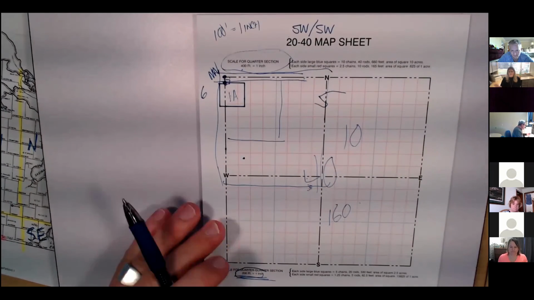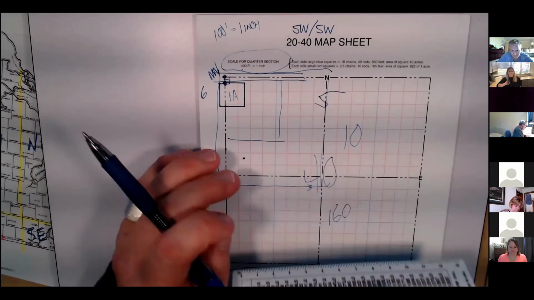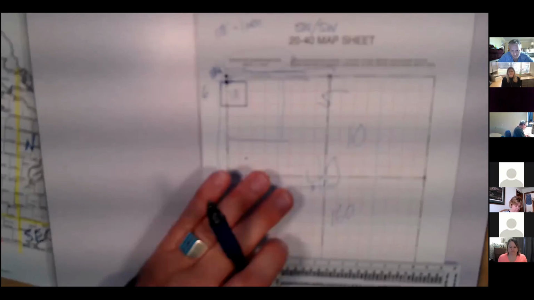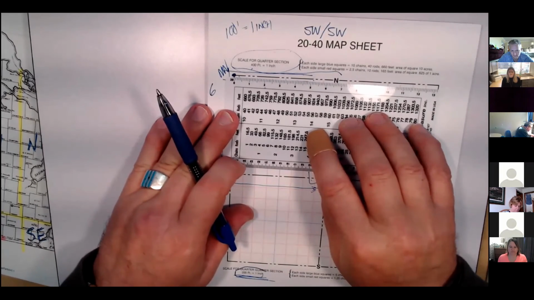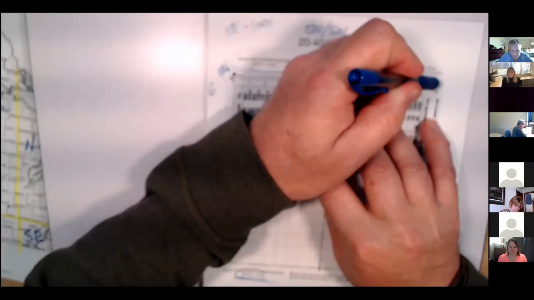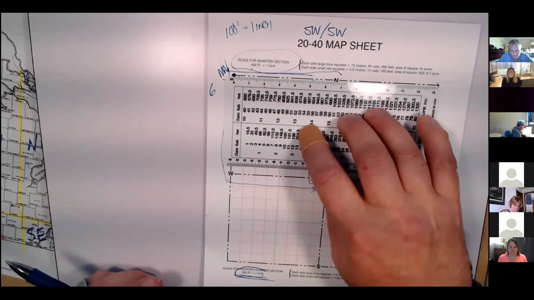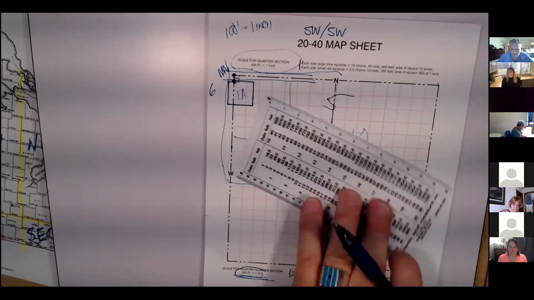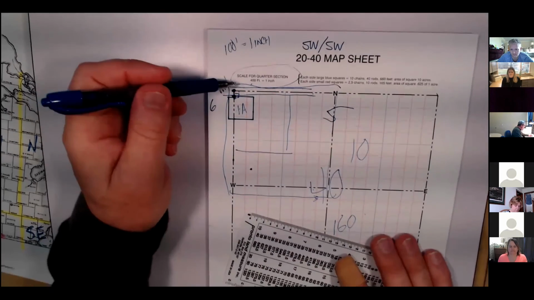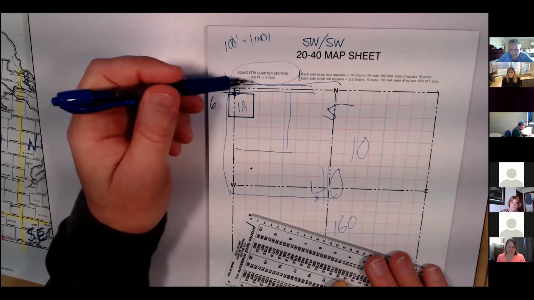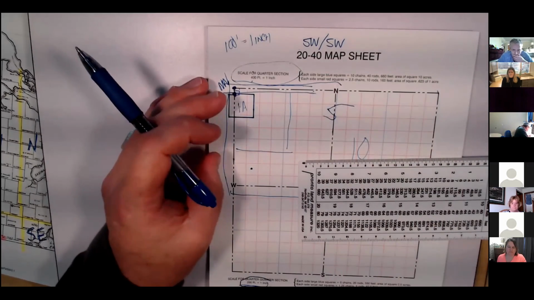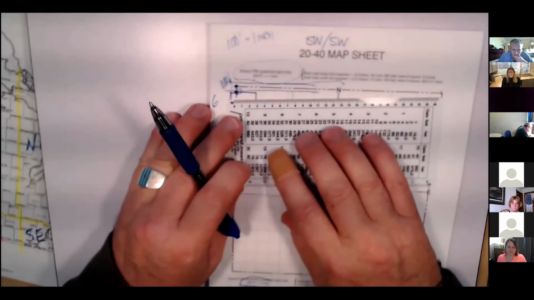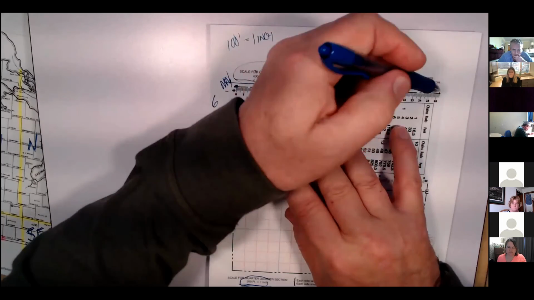A quarter section is 40 acres, which is going to be 1,320 feet square. So if you start there, that gets you 1,320 right there. And if you were using this paper for a section, which is 160 acres, that's going to get you to 2,640 feet, which on your 40 scale is 2,640 feet.